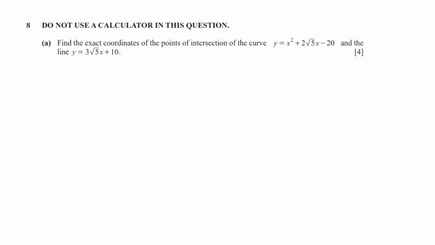So moving ahead, question number 8, it says find the exact coordinates of the points of intersection for the curve. So we are given a curve and a line. Again, we're not supposed to use calculators. So we have to simultaneously solve these equations.